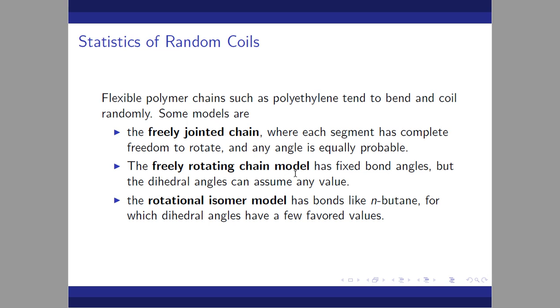And then the rotational isomer model has a bond like in butane, for which the angle has a few favored values. So this one is like n-butane, for example 60, 120, 180 angle. The rest of the angles cannot be taken.